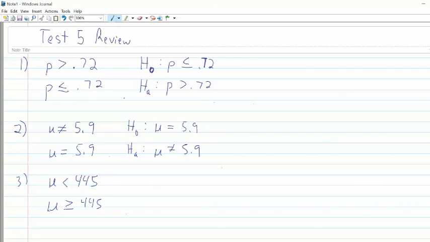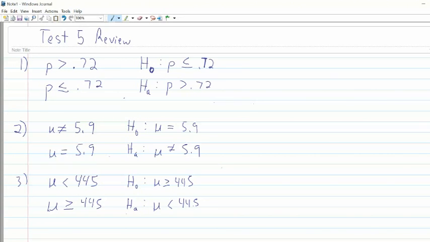And the one with equal to is going to be our H sub O, the null hypothesis. So the null hypothesis is mu is greater than or equal to 445. That leaves the alternate hypothesis to be mu is less than 445.